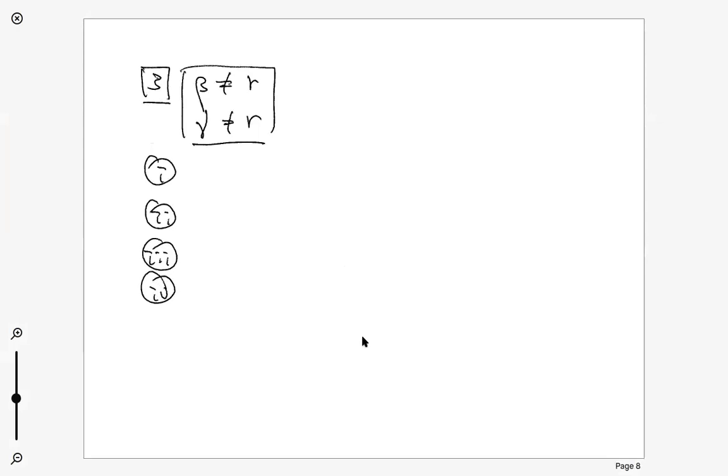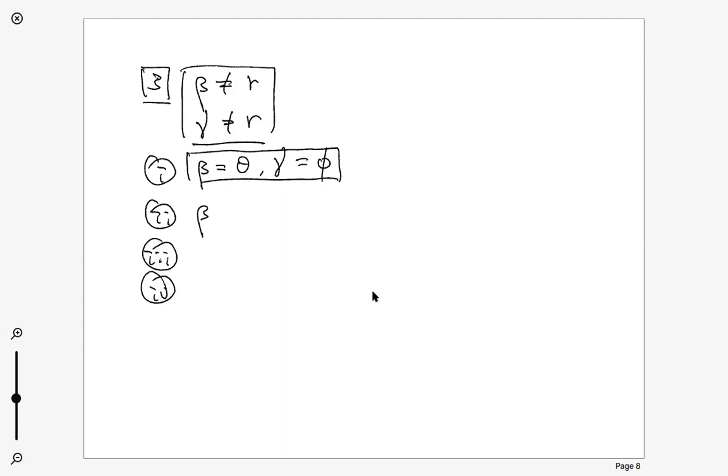Okay, the third cases are both beta and gamma are not equal to r. So for the interest of time, I won't really ask you what would be the possible scenarios. But if we are really careful enough, we should have something like this.